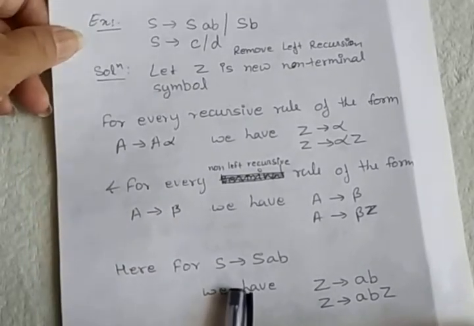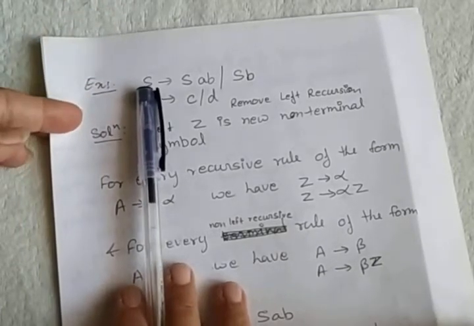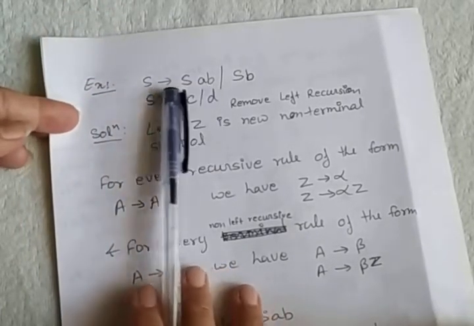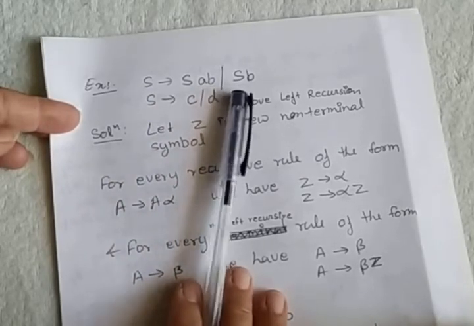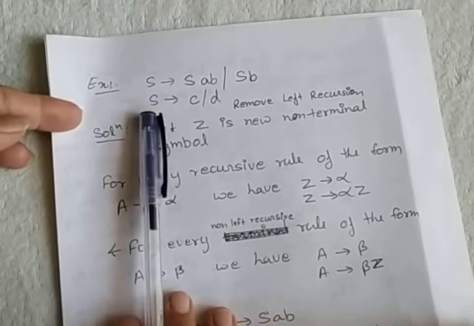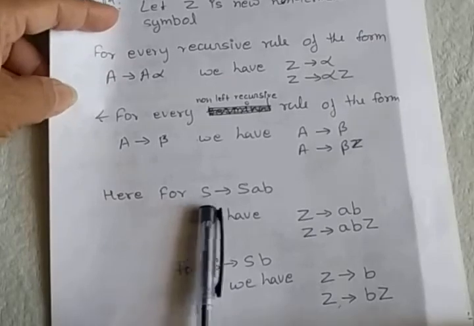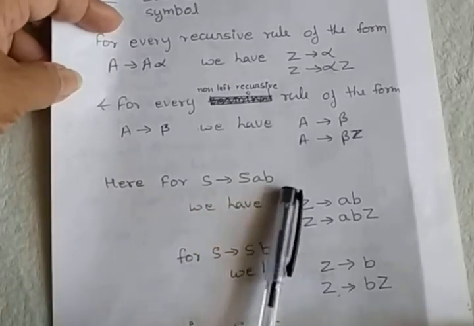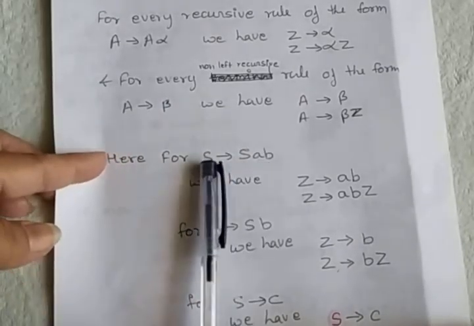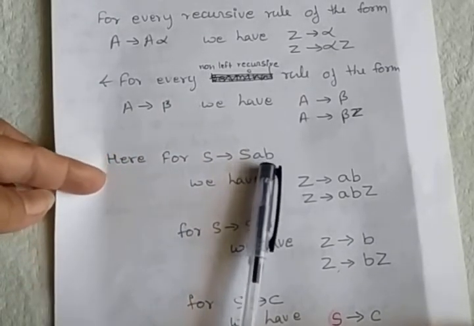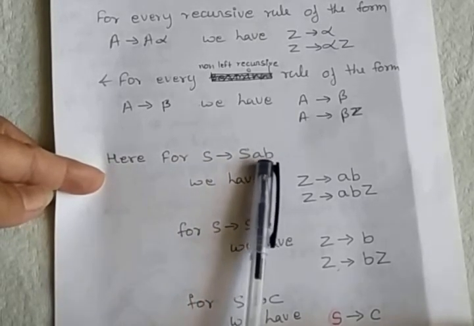Here we have two recursive rules, S tends to SAB and S tends to SB, and two non-recursive rules, S tends to C and S tends to D. So when we convert S tends to SAB, this is of the form A tends to A alpha, where alpha is AB here, right?